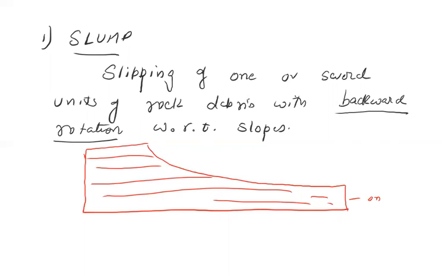This is the original, right? I know you might not have the colors and all. This maybe in black pen only, you can try to make it more significant. So the slump will happen like this.